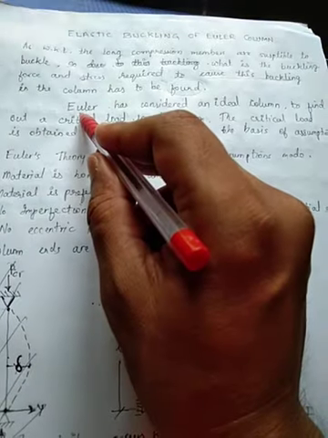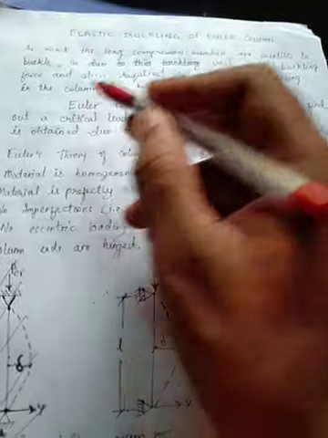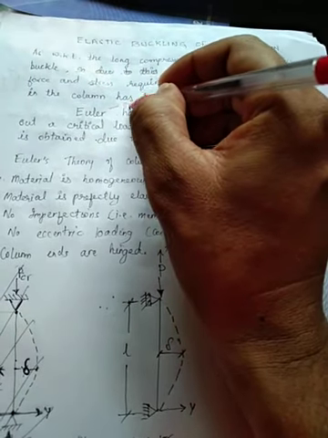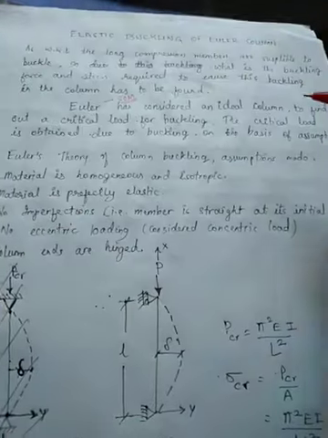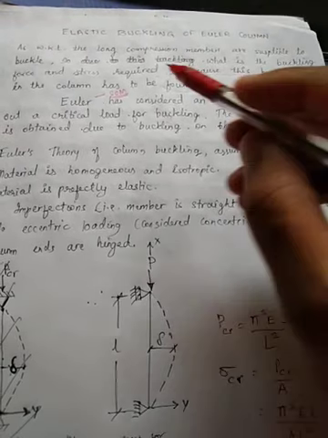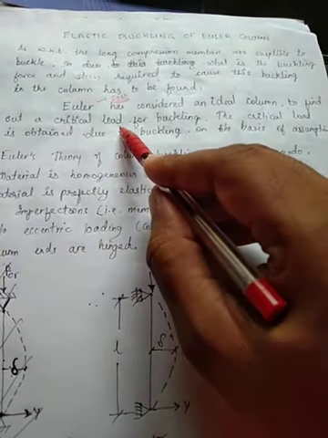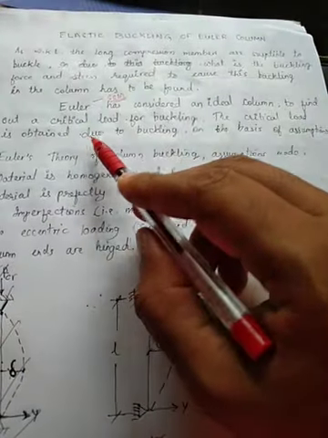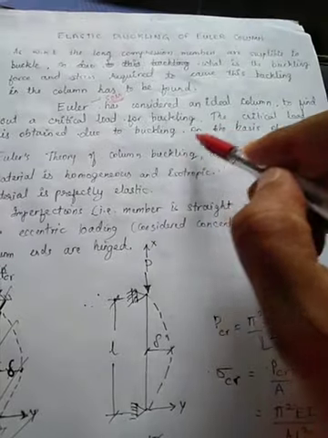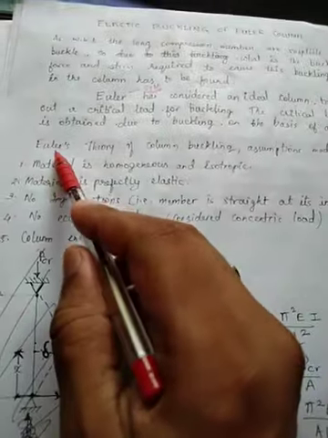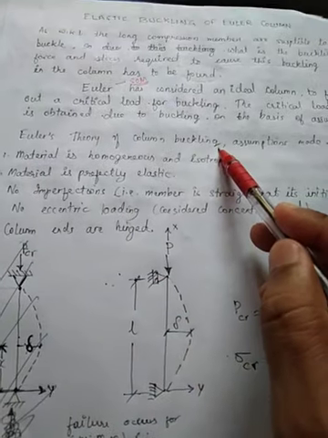Euler is a scientist's name, who considered an ideal column. This is actually from strength of materials. He considered an ideal column to find out a critical load for buckling. This critical load is obtained due to buckling on the basis of assumptions. Here are Euler's theory of column buckling assumptions.